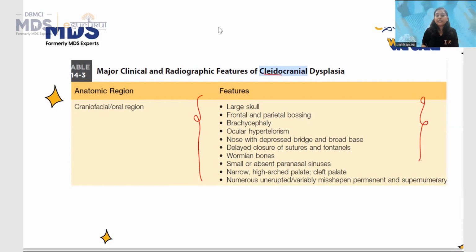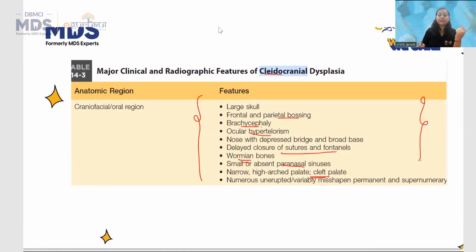So, cleidocranial dysplasia. The patient is having large skull, frontal and parietal bossing, brachycephaly, that is short head, ocular hypertelorism, nose with depressed bridge, that is the saddle nose, delayed closure of the sutures, Wormian bones. So Wormian bones, these are small bones which are not fused properly at their time. Small or absent paranasal sinuses, narrow high arched palate.